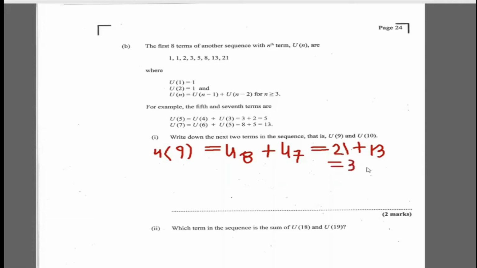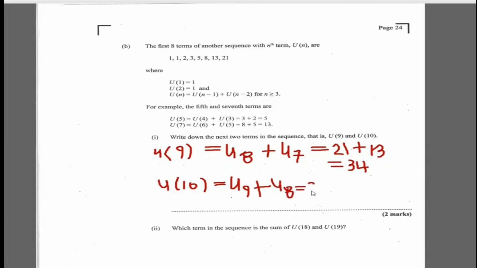That's U9. Then we need U10, and U10 is going to be equal to U9 plus U8. We just found U9, and U9 is 34.